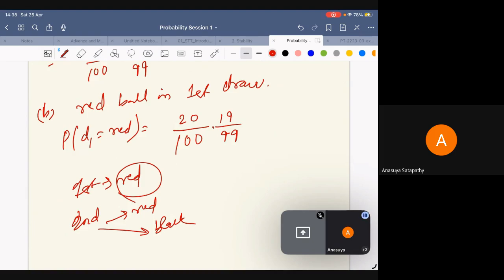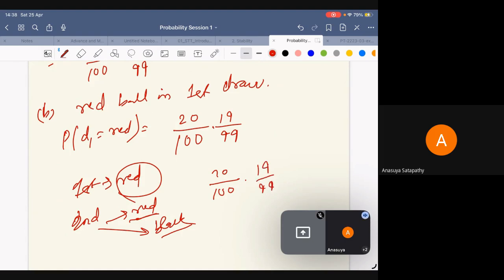So first time I got red, I have to count for red. First time there are 20 red balls out of 100. Second draw, I have to consider also because I have to take the second one. But it is not said that you have to consider red or black. Anything I can consider. So I consider the second draw is also red. So now I will get 19 out of 99.